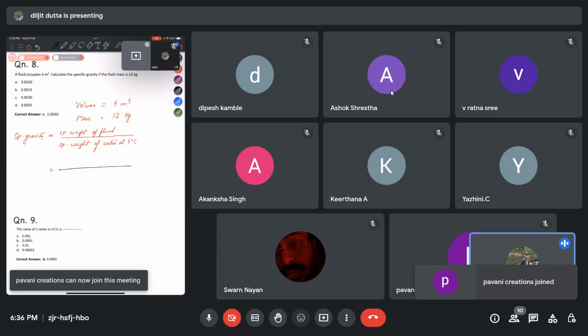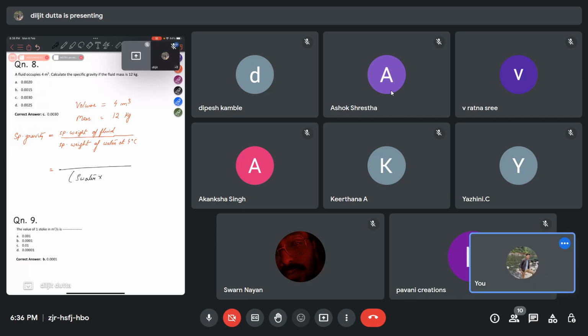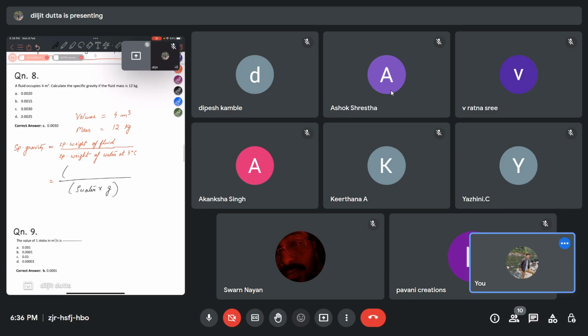Specific weight of water is rho water into g, and for the specific weight of the fluid we won't be writing in terms of rho and g. We will take the initial formula, that is weight of the fluid divided by volume of fluid.